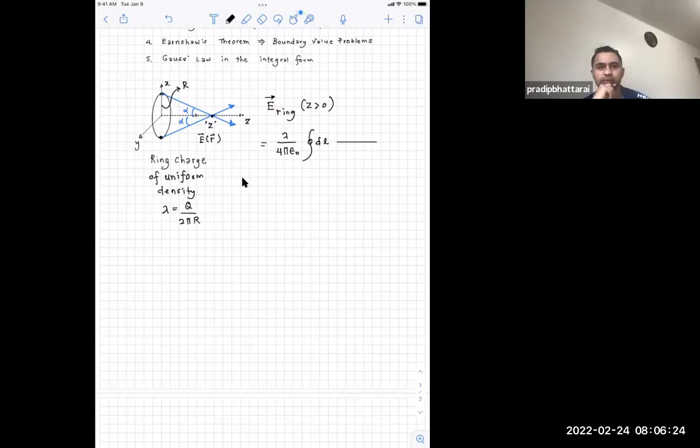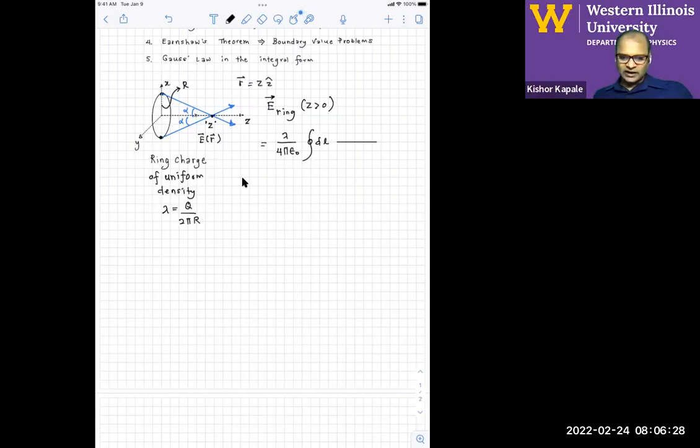It's r is z hat, right? So what's the distance coordinate, right? Remember, it's always 1 over distance squared. So what's the distance that we need to worry about? Looking at the diagram there. We are trying to only find the electric field due to the two line elements that we have talked about so far, right? And so that's going to be, anybody?